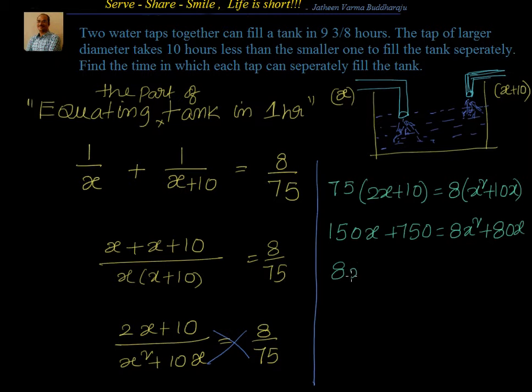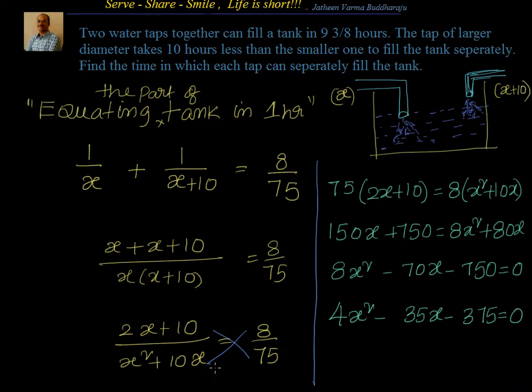If I simplify, I'll have 8x square minus 70x minus 750 equal to 0. Can I divide by 2 to simplify that? I will have 4x square minus 35x minus 375 is equal to 0.